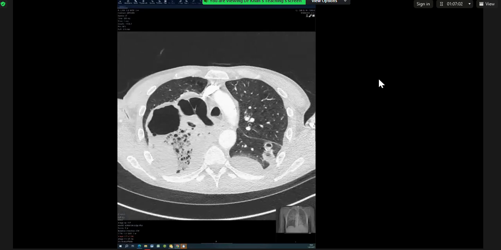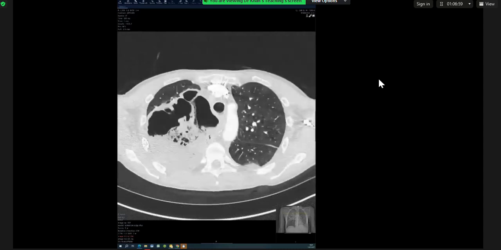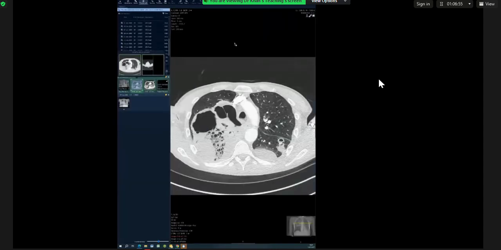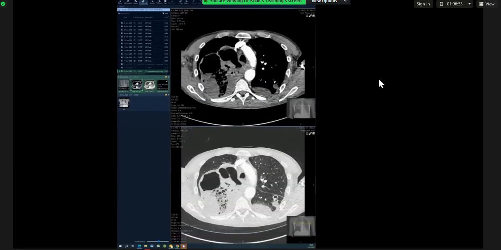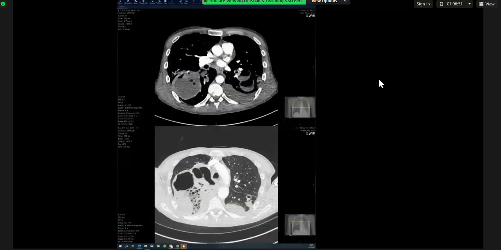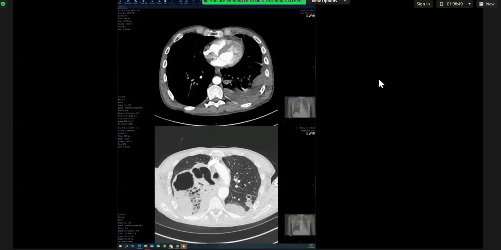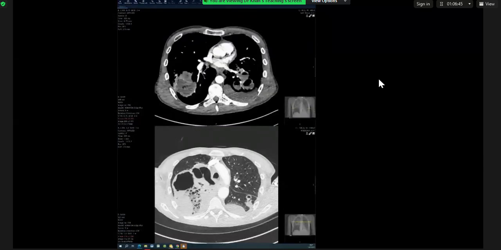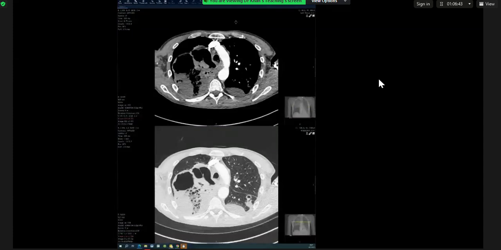Maybe the patient has a history, but it's not typical of TB, because fluid levels are seen in many of the lesions. Okay. Hydatid cyst may be one, but not typical because I can't see the water lily sign in the regions.